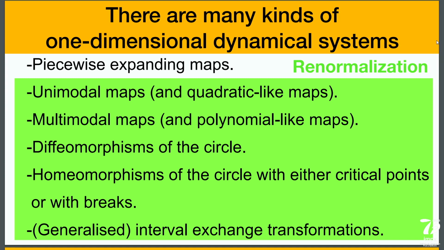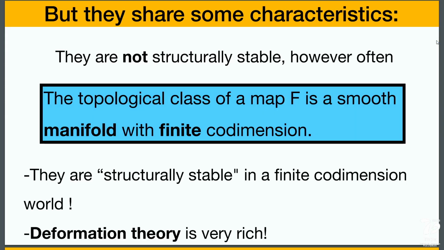But what is similar about all these real one-dimensional maps is that they are not strictly stable, but if you consider the topological class of these maps, all maps that have the same topological dynamics, this is, in many of these cases, a smooth manifold, infinite dimensional, but with finite codimension.